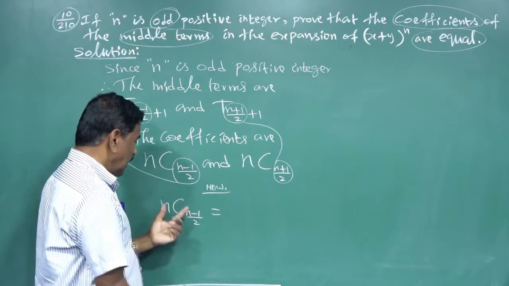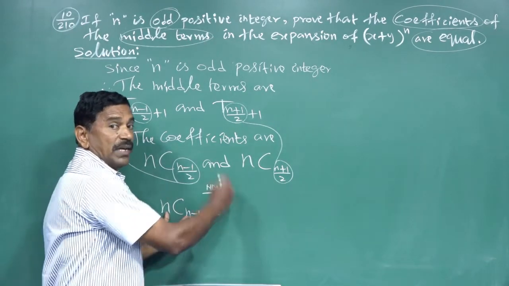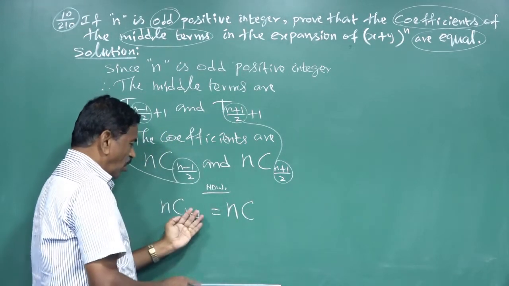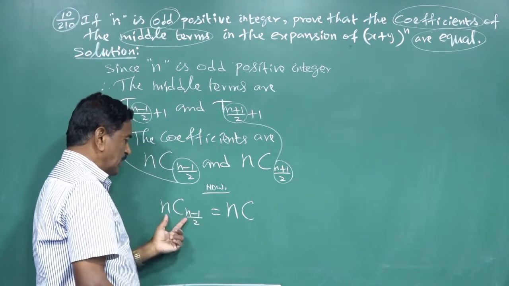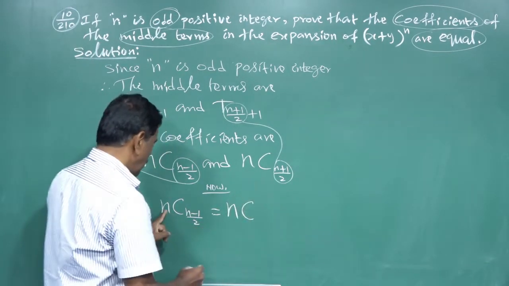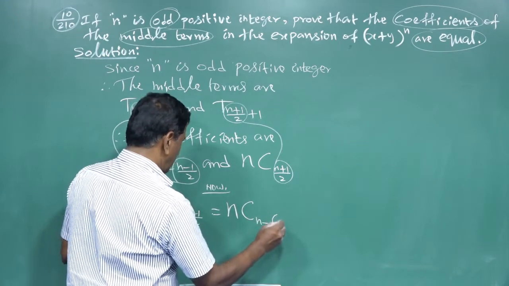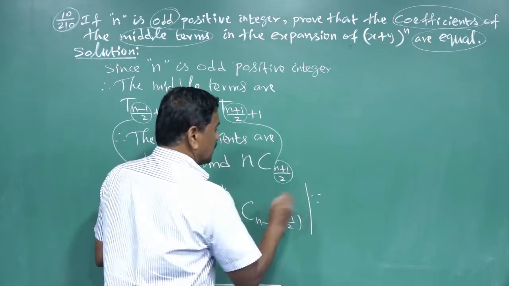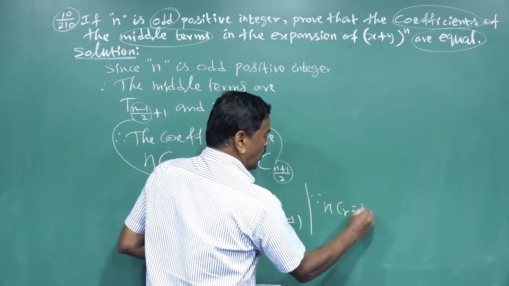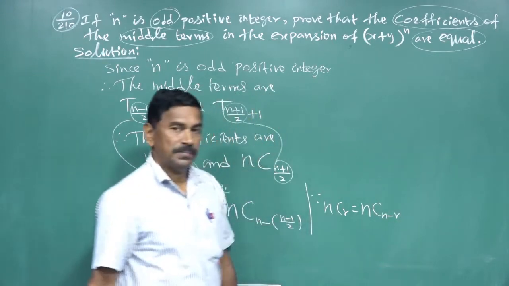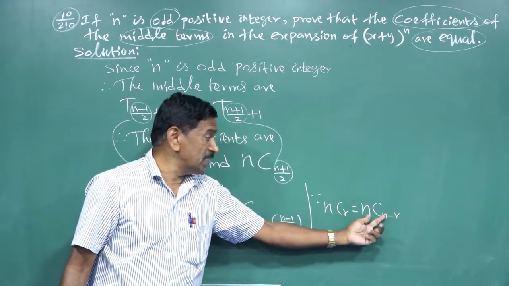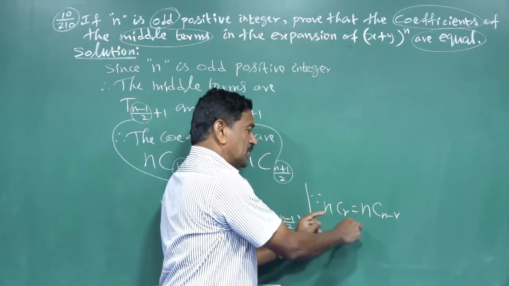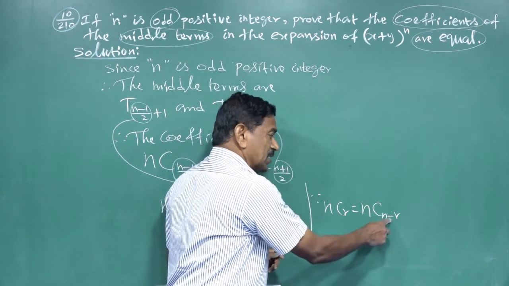Using that formula, here r is equal to (n-1)/2. So nCr equals nC(n-r), where it becomes n minus (n-1)/2. Remember, the formula is nCr equals nC(n-r). The first number n is fixed, and next, the first number minus the suffix number comes as the suffix.